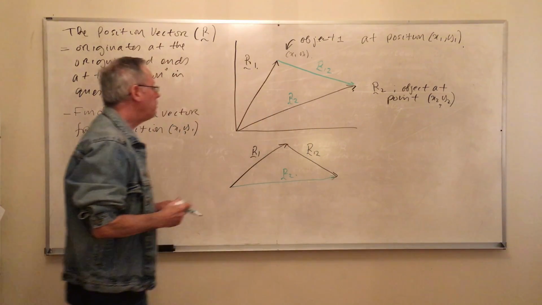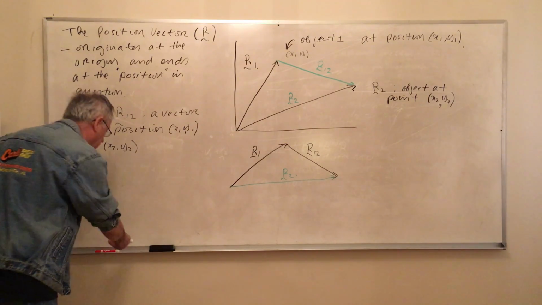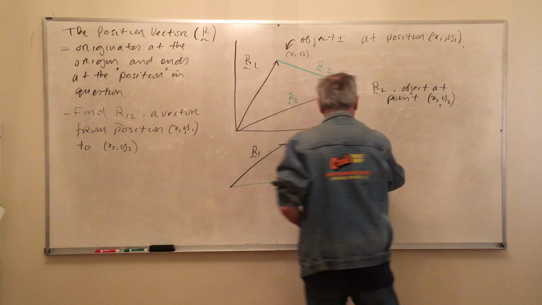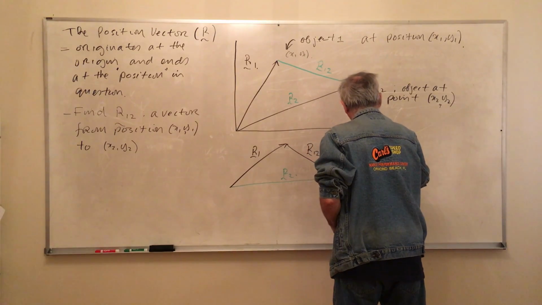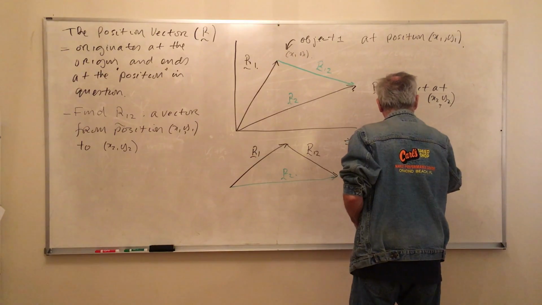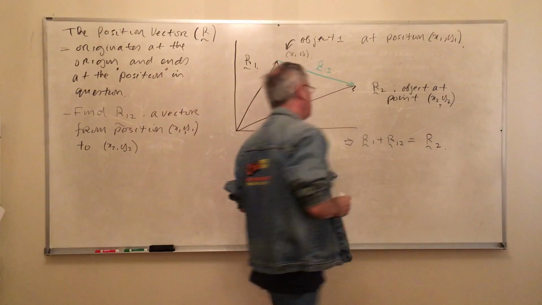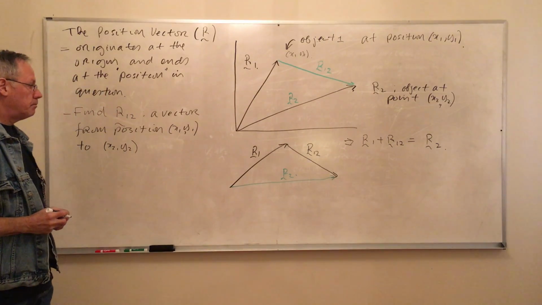So R1 plus R12 will give me R2. Try and follow this because it crops up all the time. So R1 plus R12 is R2.